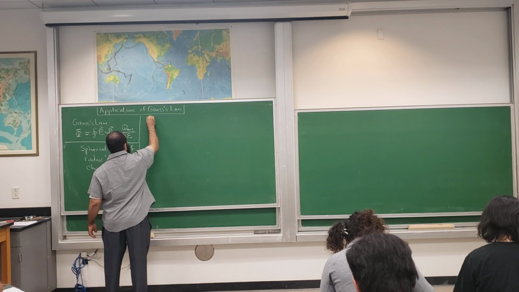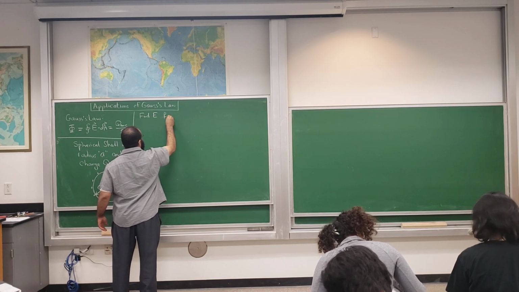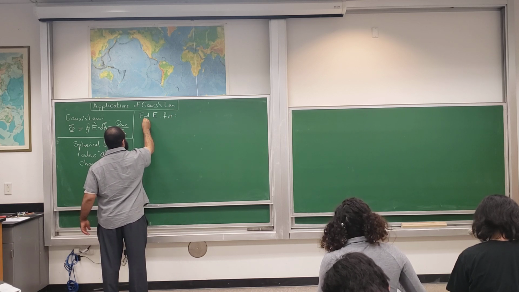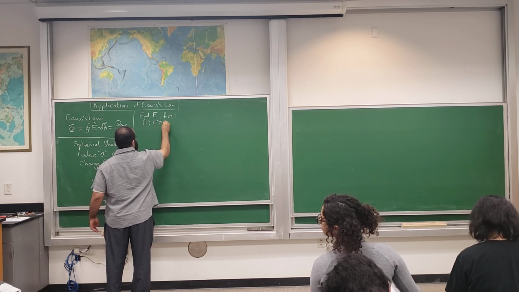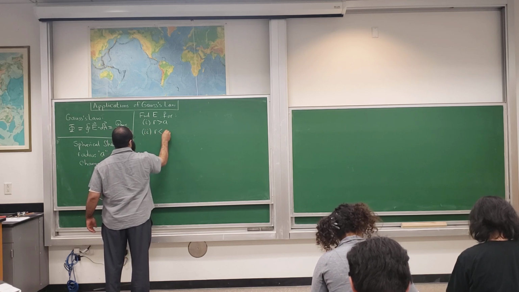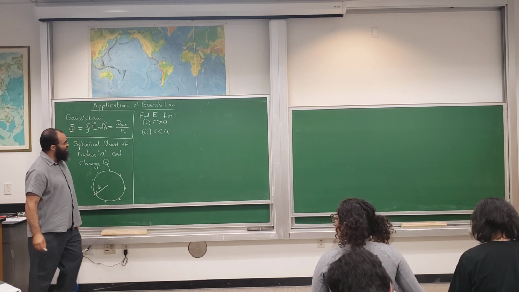So find the field for the following. Case 1, R greater than A. Case 2, R is less than A. All right, let's do case 1 first.